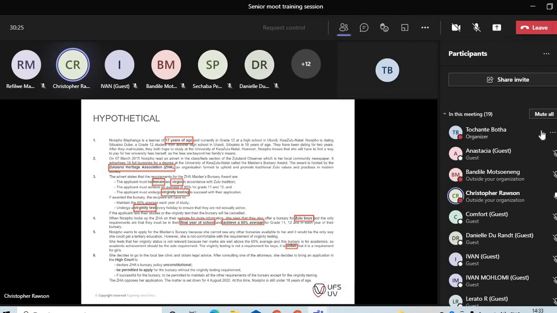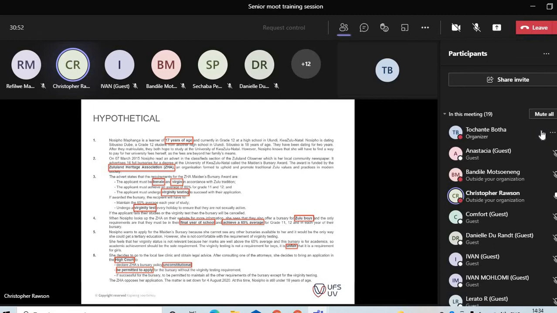Again, your client says that this differential treatment is unfair. We know that you have instructions to go to the High Court in this case to claim two things. One, that the bursary policy is unconstitutional, and two, to allow your client to apply, right? So now we have seen, okay, we're dealing with a child, so best interest of the child is going to be important, right? We're dealing with a differentiation.